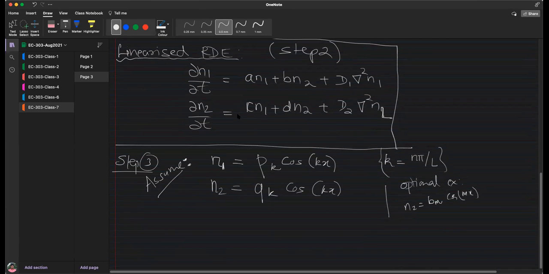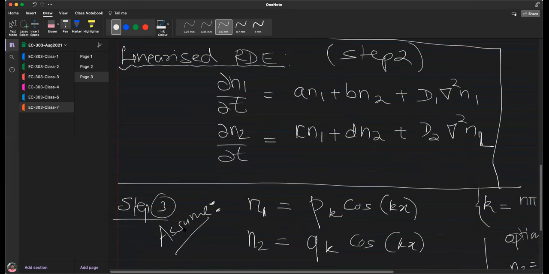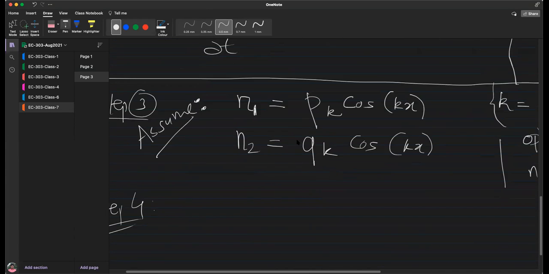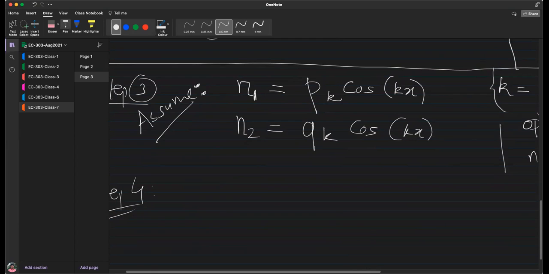What's step 4? You just have to substitute this in this equation. Okay, I will do that now. What will be the left-hand side? I'll have cosine kx dp_k by dt, because p can depend on time, right? Whereas the x dependence comes from this term, the time dependence comes from the amplitude term.